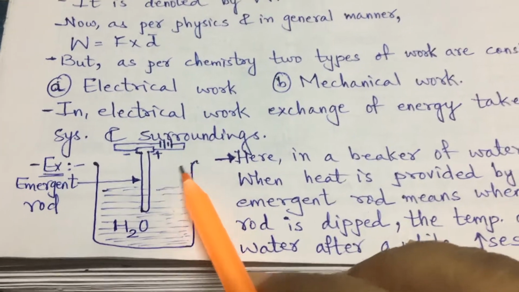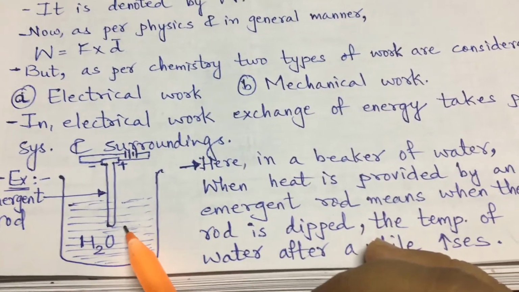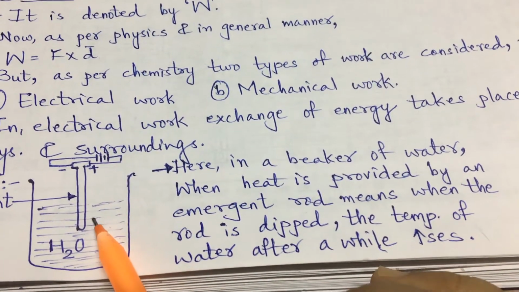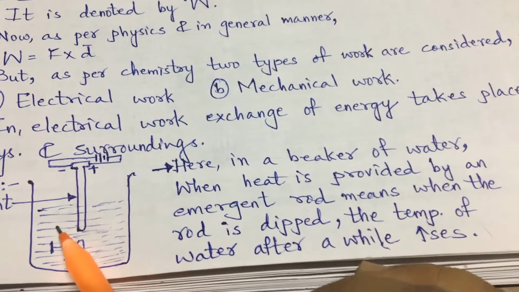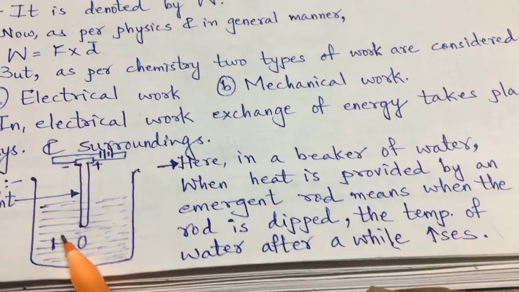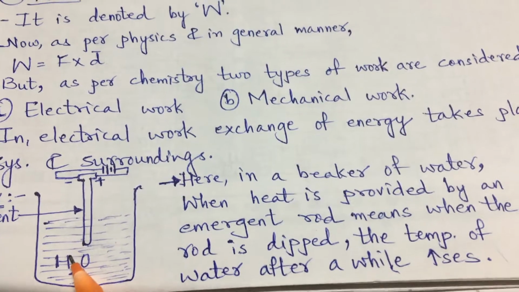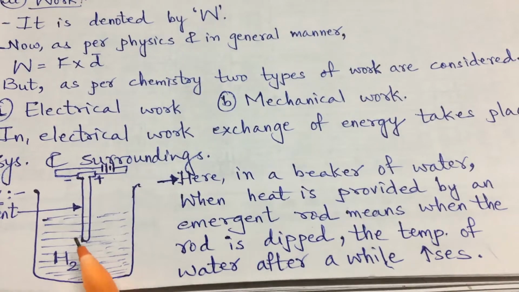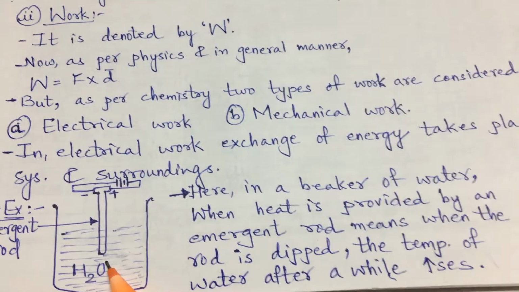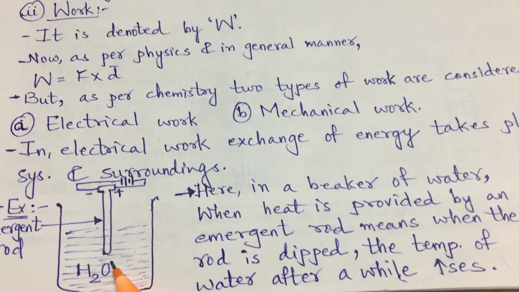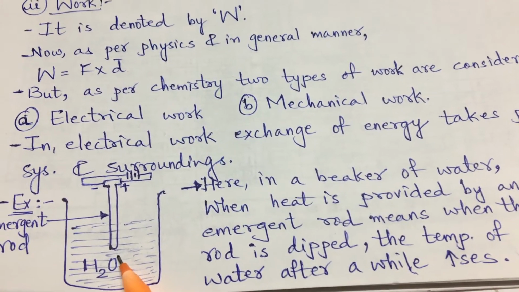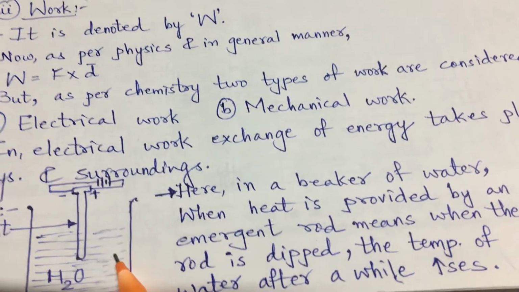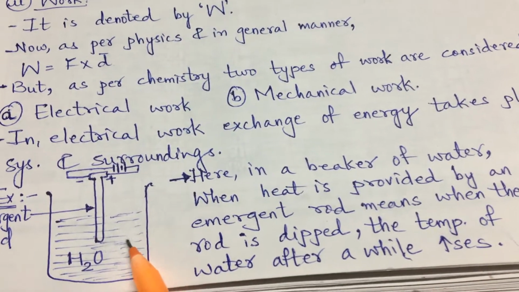So when this rod is dipped into the water, whatever heat is attained by the rod is supplied to the water, or we can say heat is provided by the immersion rod to the water. Then what happens? After a while we will see, or we will feel, that the temperature of the water is increased, right? So this is one way how we do the electrical work.